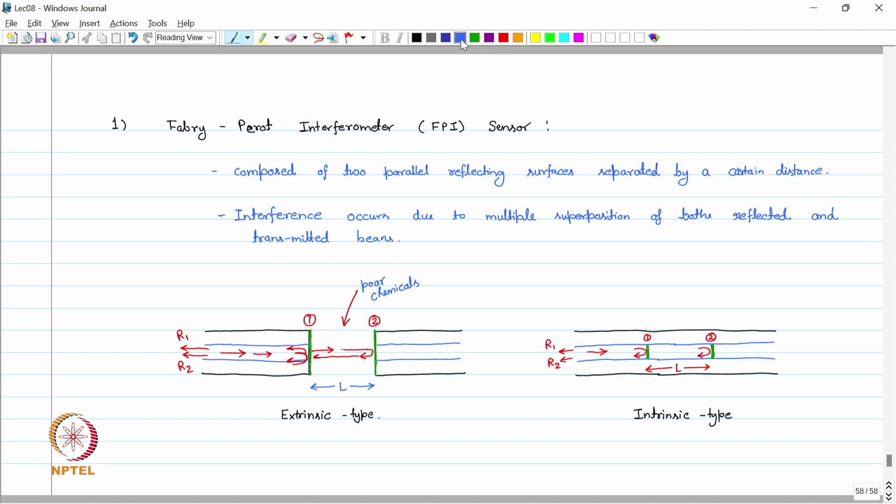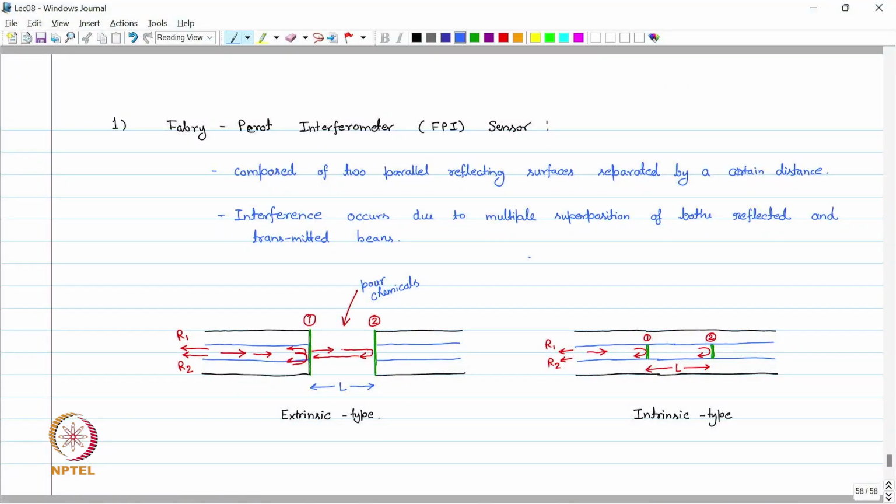The phase difference of this FPI sensor is given by delta phi FPI equal to 2 pi by lambda into eta into 2L. So this is the phase difference we get in case of FPI sensor.